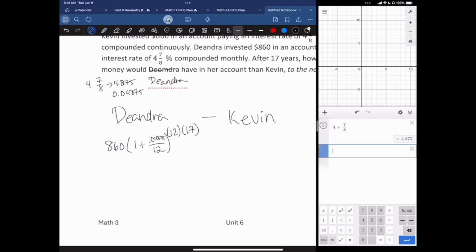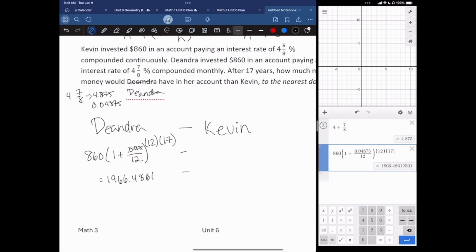If we plug that in, we get 860 times the quantity 1 plus 0.04875 divided by 12, close the parentheses, and now we want to raise this to the 12 times 17. So we get roughly 1,966 point, let's go 4 decimal places so we don't round, 4861.